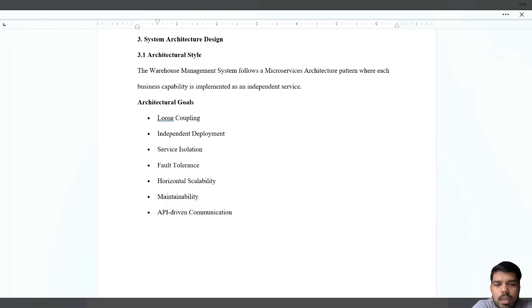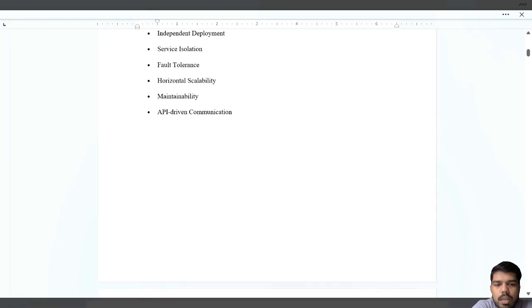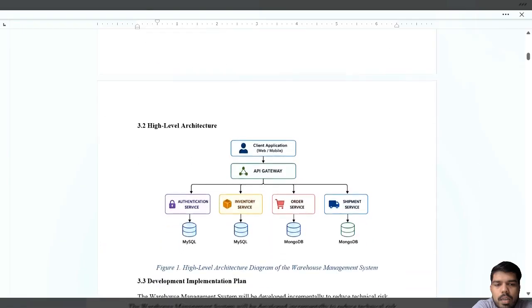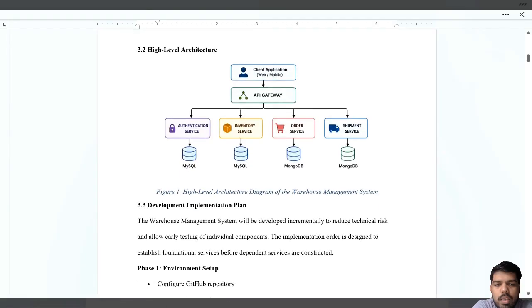The major architecture goals are loose coupling, where services remain independent from each other; service isolation, where a failure in one service does not crash the entire system; scalability, where individual services can scale independently; maintainability, where updates can be made to one service without affecting others; and fault tolerance, where the system continues operating even when a service experiences issues. So these benefits make microservices suitable for modern enterprise applications.